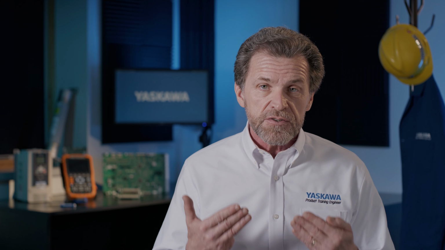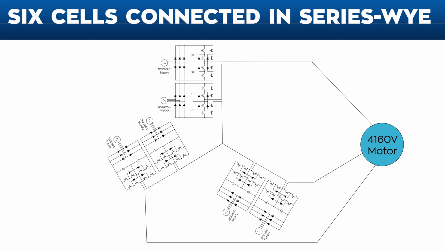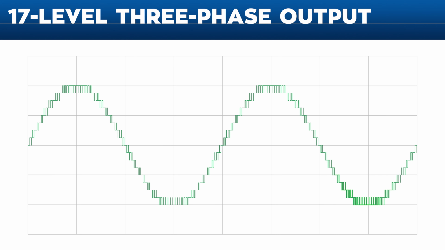Now, if it's easier to visualize, think of connecting the power cell outputs in the same way you'd connect 3 Y secondaries on a transformer to form a 3-phase Y output. With 6 cells connected in series Y, we can now create a 17-level 3-phase output.